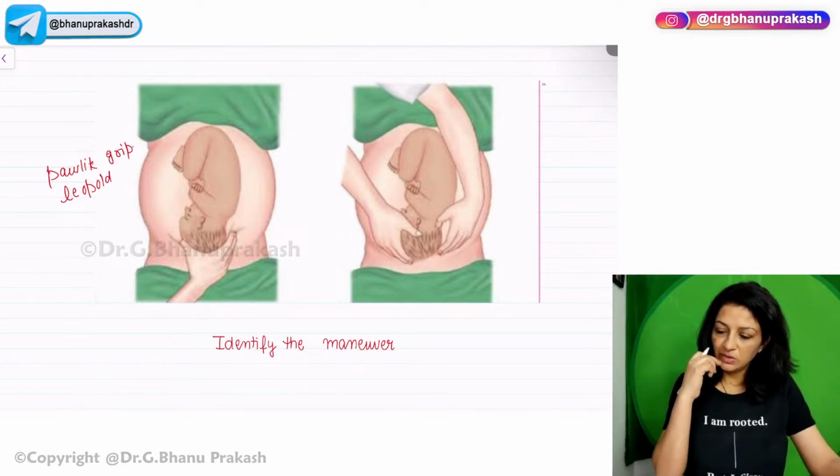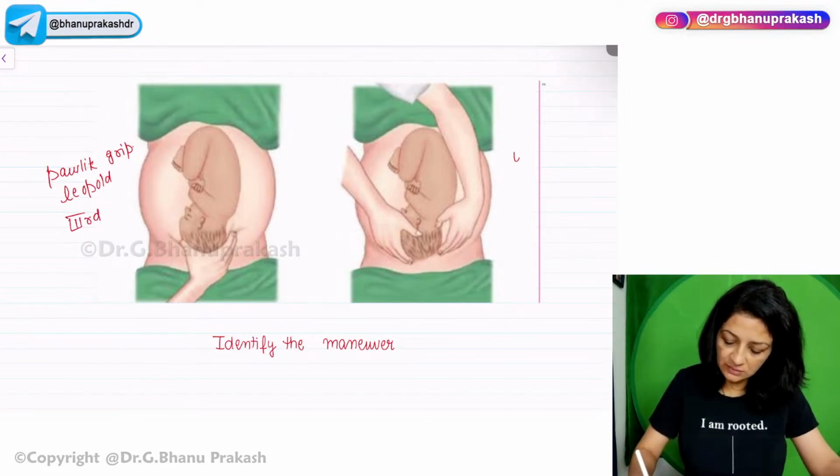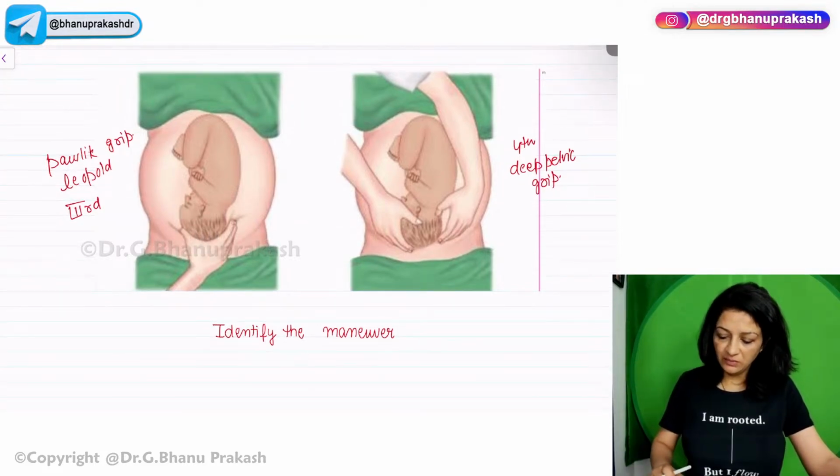Yes, third maneuver, Pollock grip. Third. And the fourth one is deep. Fourth one is deep pelvic grip. Deep pelvic grip.